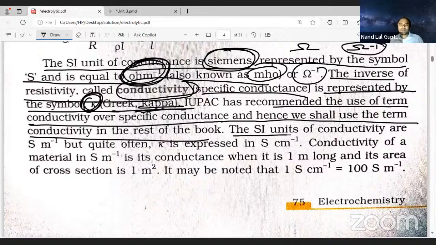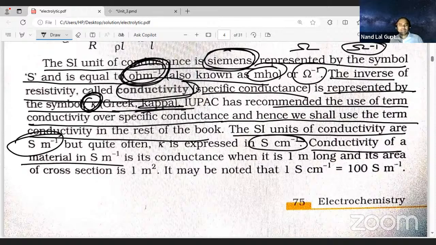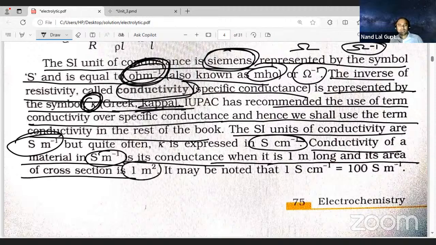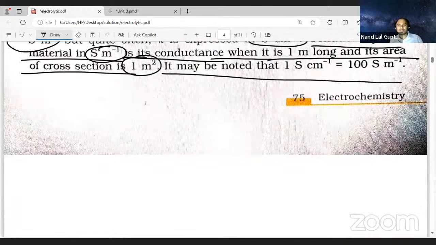The SI unit of conductivity is siemens meter inverse, but quite often it is expressed as siemens centimeter inverse. Conductivity of a material in siemens meter inverse is its conductance when it is 1 meter long and its area of cross section is 1 meter square. It may be noted that 1 siemens centimeter inverse is equal to 100 siemens meter inverse.